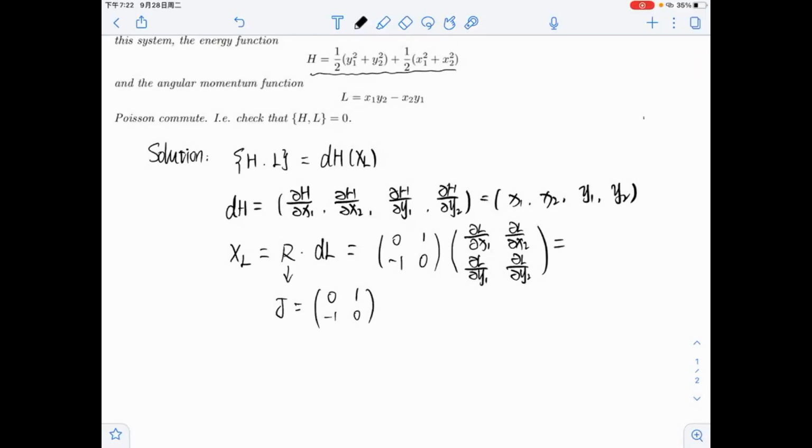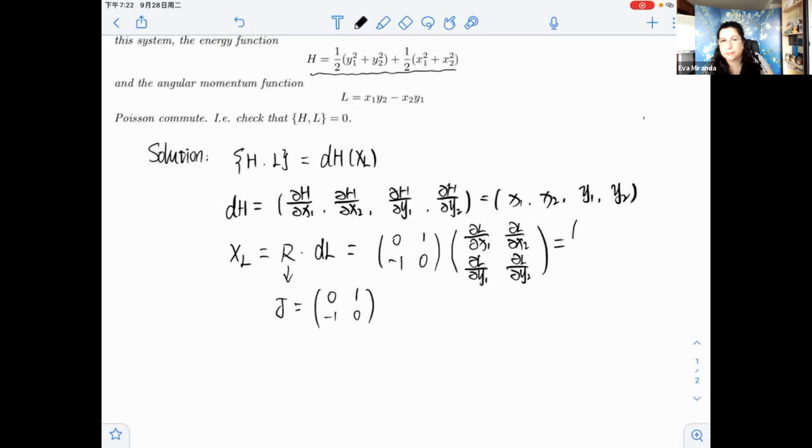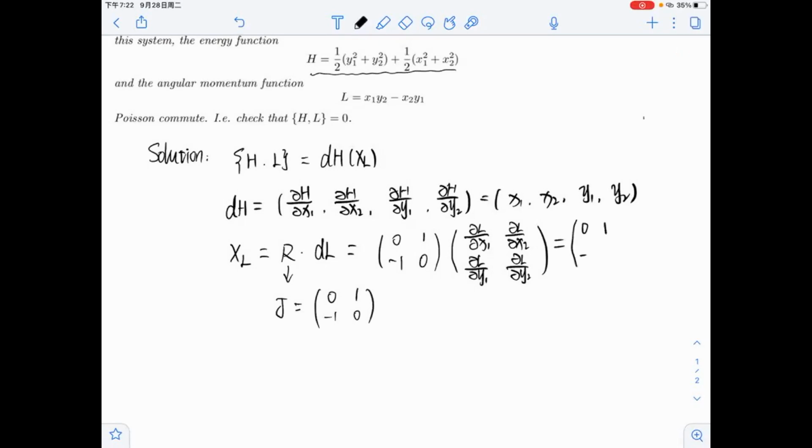Which is equal to (0, 1; -1, 0) times (-y2, -y1, -x2, x1)... which is equal to (-x2, x1, -y2, y1).